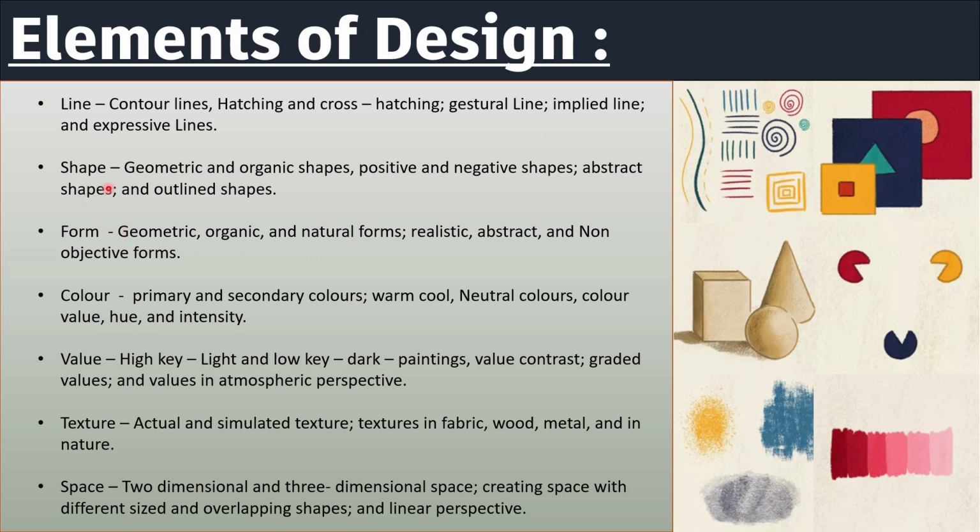Okay, then shape: geometric, organic shapes, then form: geometric, organic, natural forms, right? Then color: we have primary, secondary, tertiary colors. Then we have value. So basically what is value? High key light and low key dark paintings, value contrast, graded values that we'll be discussing. Then textures, space, okay, so space within a space, we have everything.